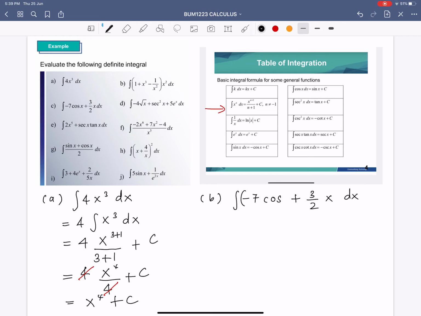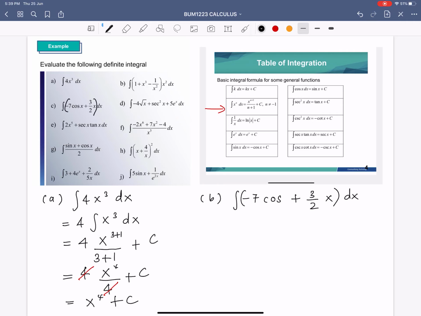Actually, we're supposed to have a bracket here because we have plus here. If you have plus minus expressions, then we should put a bracket. So please make a correction for this.